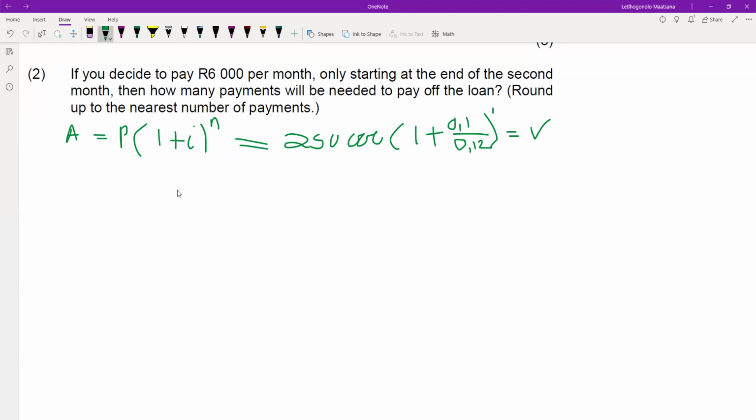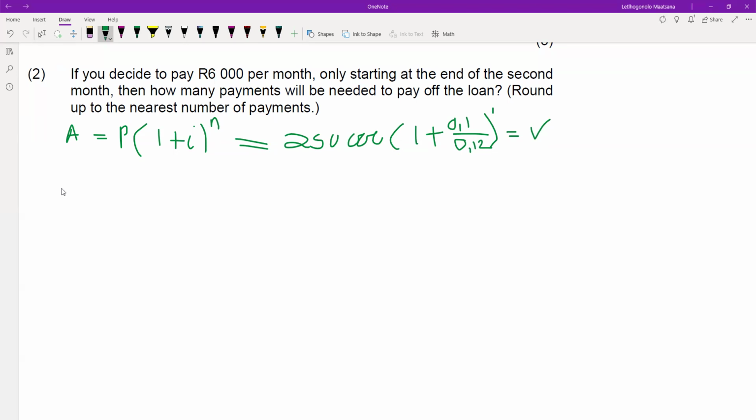And then we are going to use your present value equation so that we calculate what N should be if you are paying 6,000 instead of the 3,303 that we calculated in the previous question.